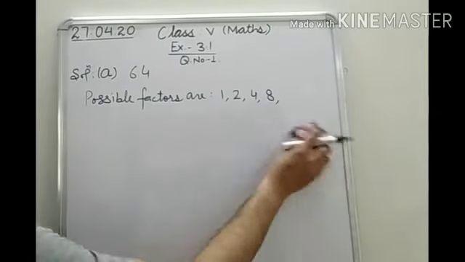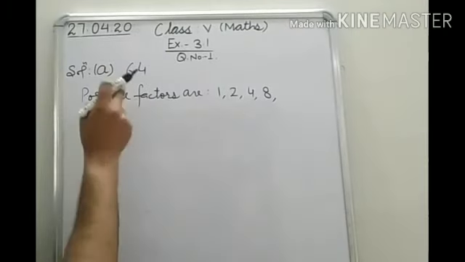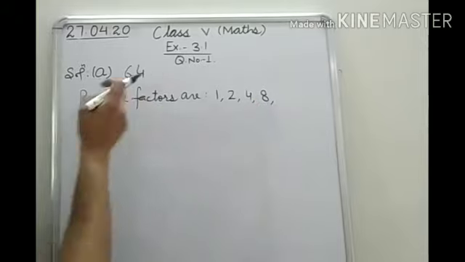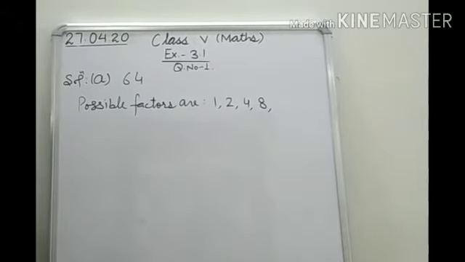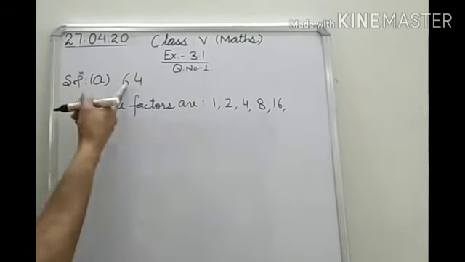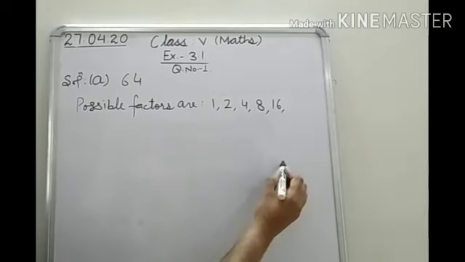Now as we get these numbers, after that if we divide this number by 8 we get 8. If we divide it by 4, what quotient do we get? We get 16. It means it is divisible by 16. If we divide this number by 2, what quotient will we get? You can check.